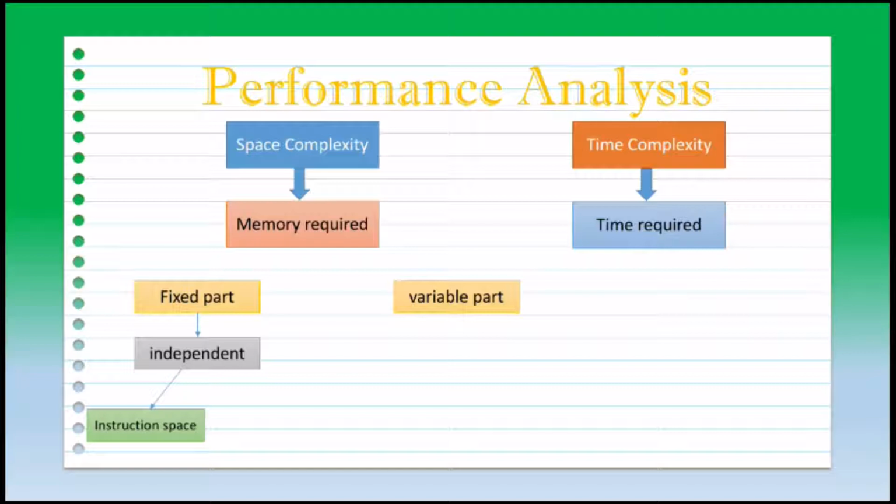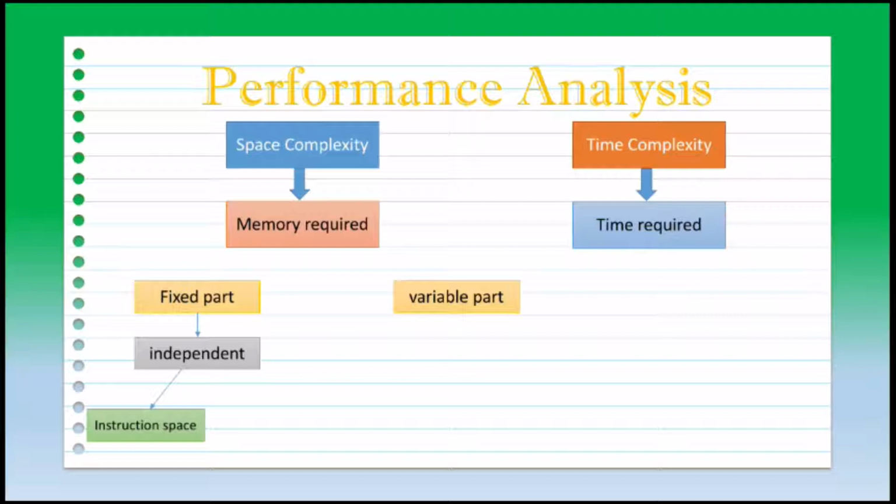Instruction space means the amount of space required to save all the statements written in the algorithm. When we complete our algorithm, the statements written in it are fixed, and the space required for them is considered as instruction space.